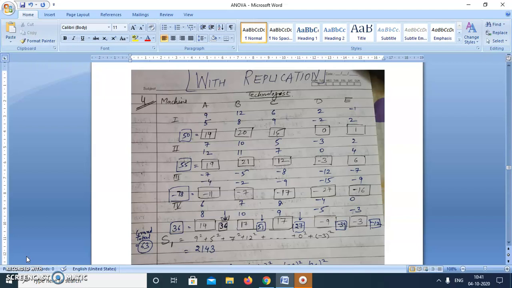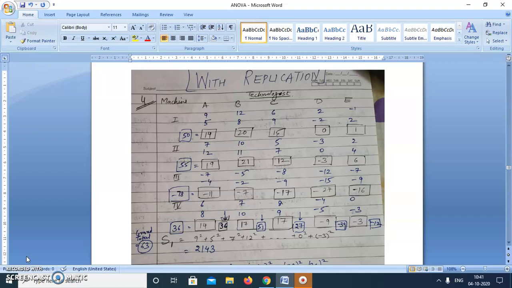That means for technologist A and for machine 1, we replicated the process and found 2 readings in each case. So the total readings are 5 into 4 into 2. That is 5 technologists, 4 machines, and 2 is the number of replications.